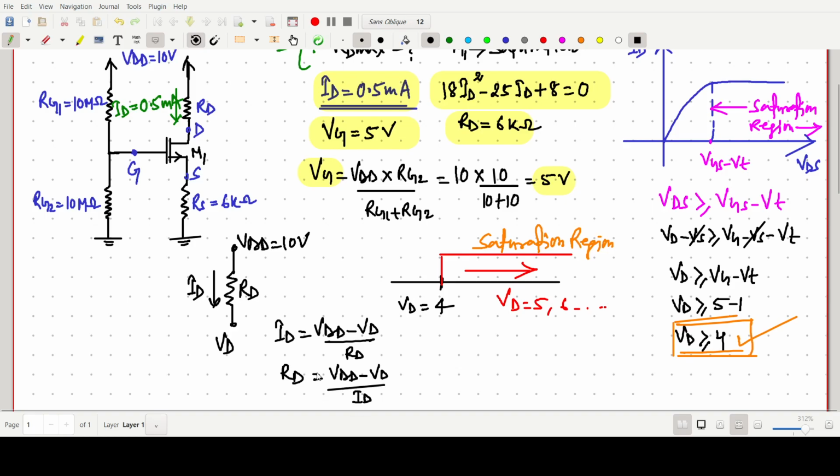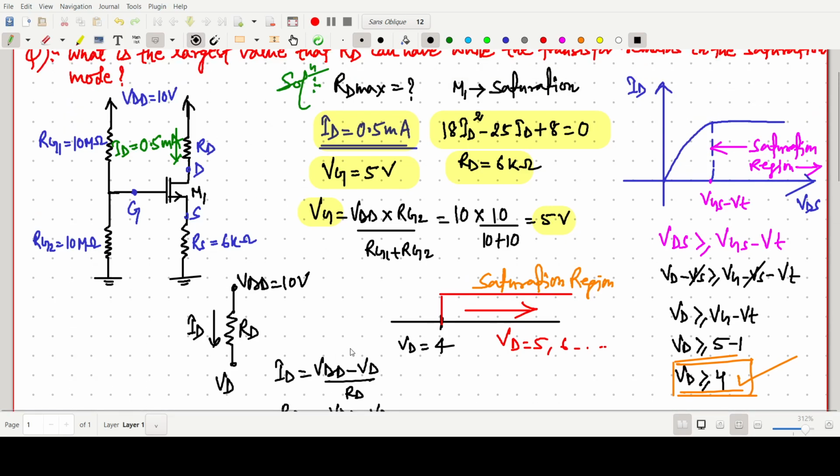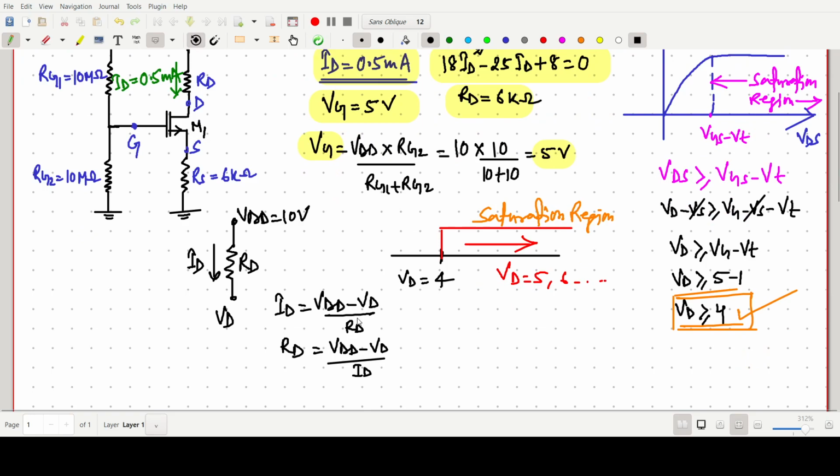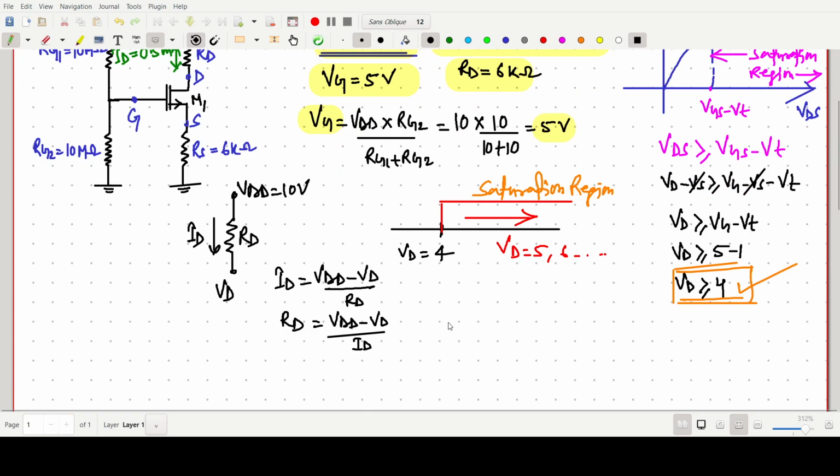Now in the question they are asking the maximum or largest value of RD. To make RD maximum, our VD should be minimum, because we are subtracting something.